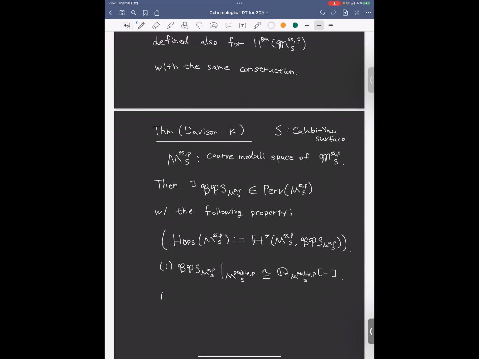And second, we can identify the primitive part of the Borel-Moore homology group of this stack with the BPS cohomology group, adding a formal parameter of degree 2.